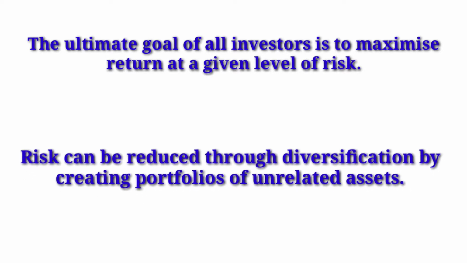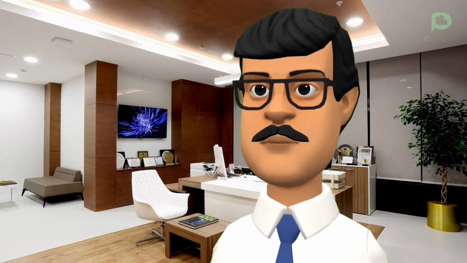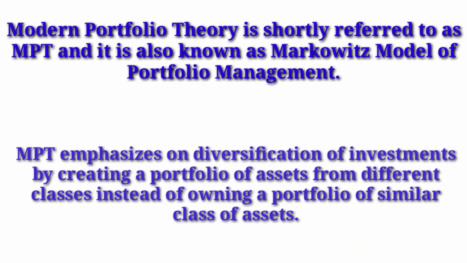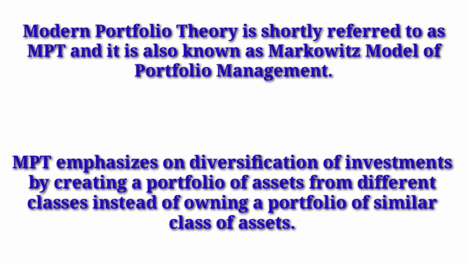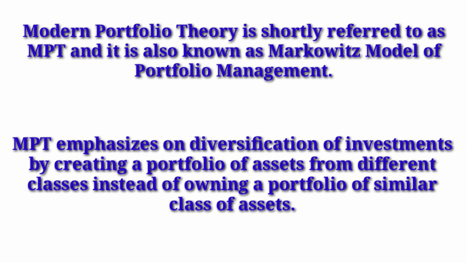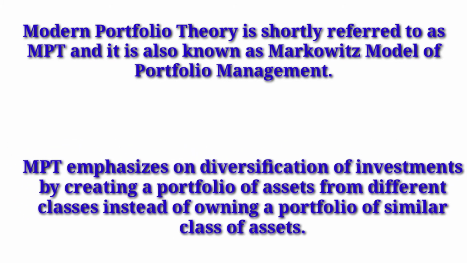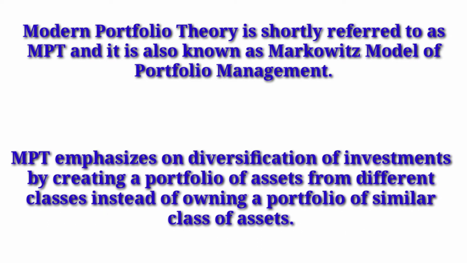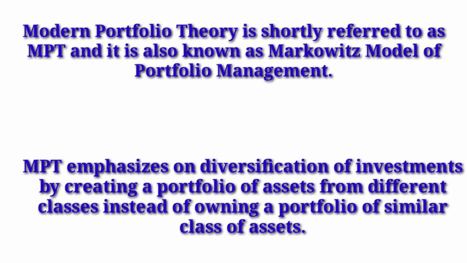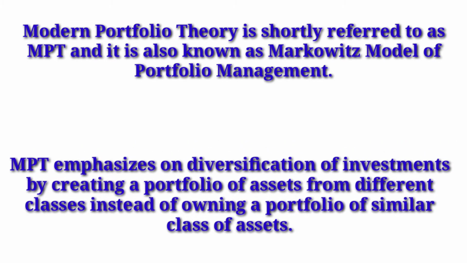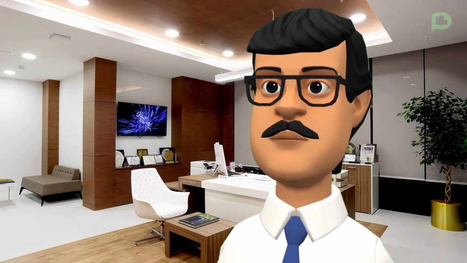Modern portfolio theory is shortly referred to as MPT, and it is also known as Markowitz theory of portfolio management. MPT emphasizes diversification of investments by creating a portfolio of assets from different classes instead of owning a portfolio of similar class of assets.